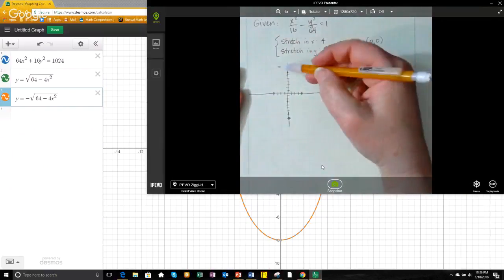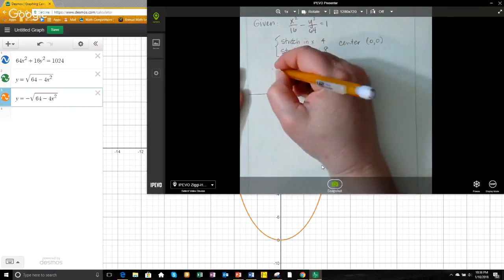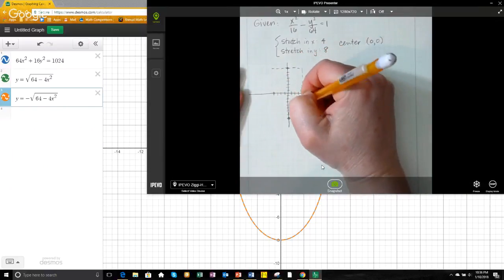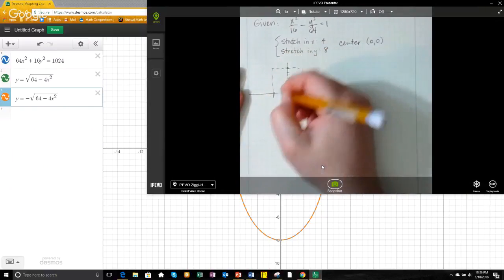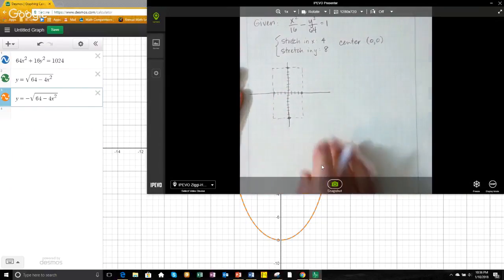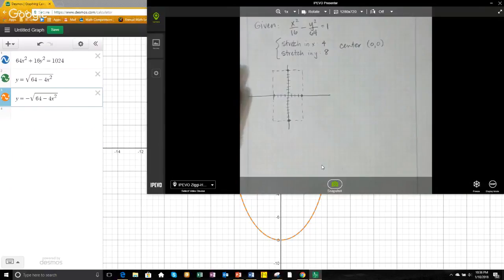And instead of drawing the ellipse, you're going to draw the box that the ellipse would be in if you were going to draw an ellipse. And this imaginary box is going to help us set up the asymptotes.